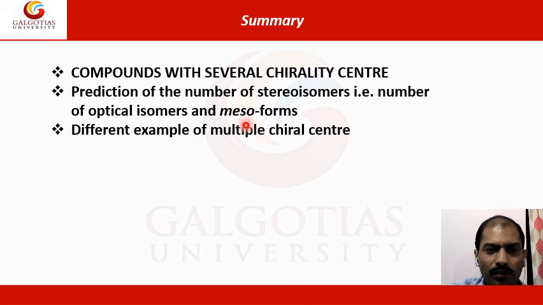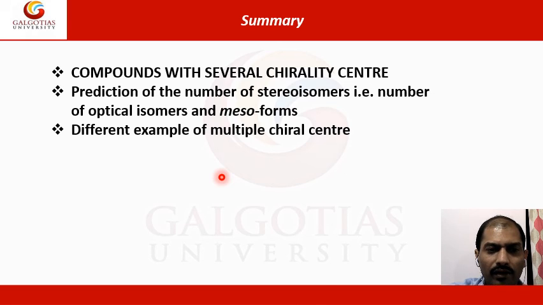On the basis of multiple chiral centers, you can check the optically active forms and inactive forms, or the meso forms, and by adding both you can see how many stereoisomers there are. So various kinds of questions can be asked.